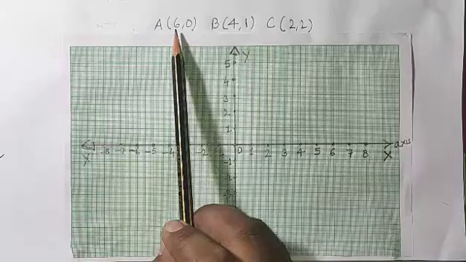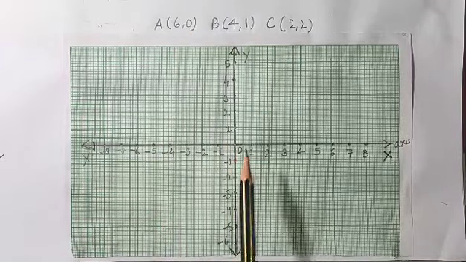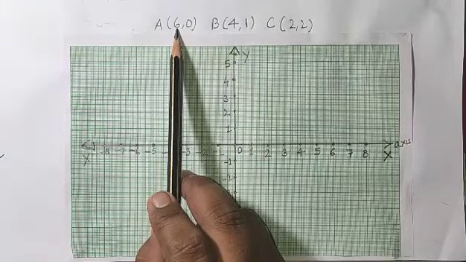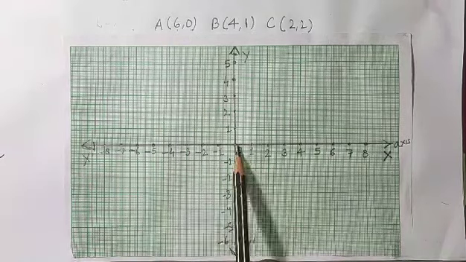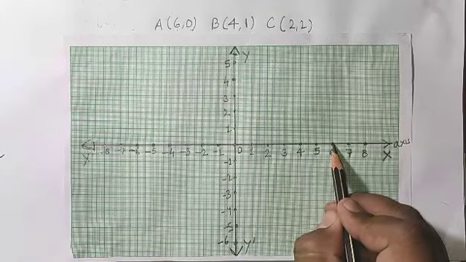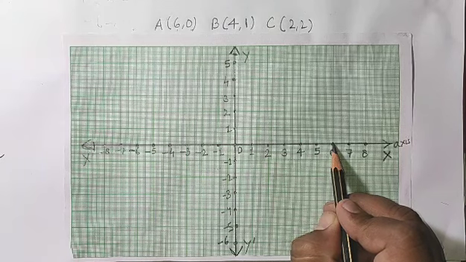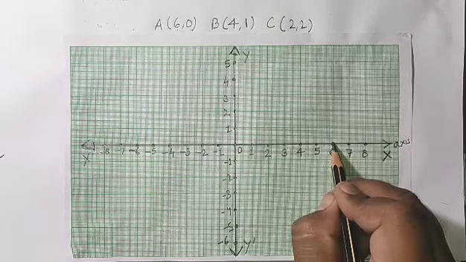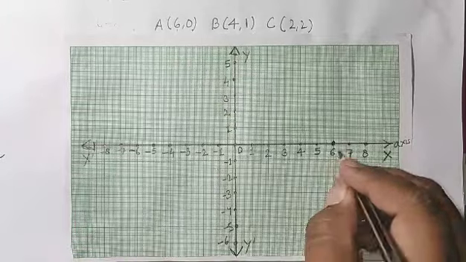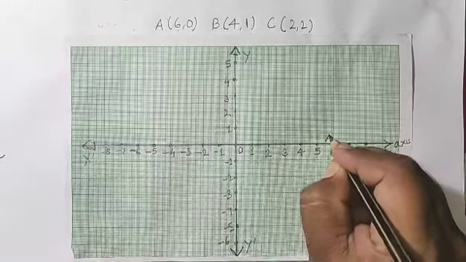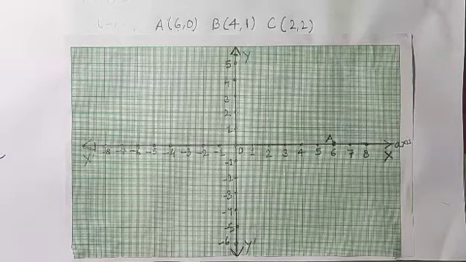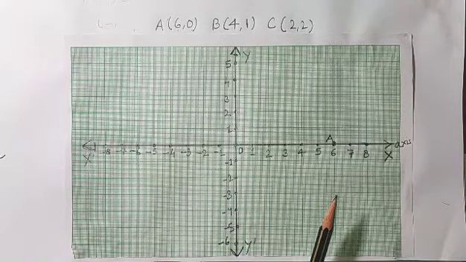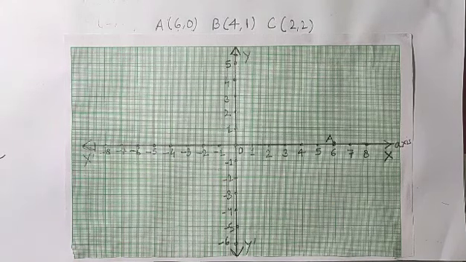Our first solution is 6 comma 0. Okay, so here towards the x direction it has traveled 6 units, so our 6 is here. But y is 0, meaning it has traveled neither upward nor downward, so 6 comma 0 is our first point A. We learned how to show any point on the Cartesian plane in chapter 3 also. So here is the use of that.